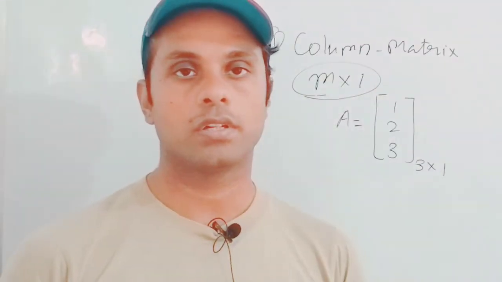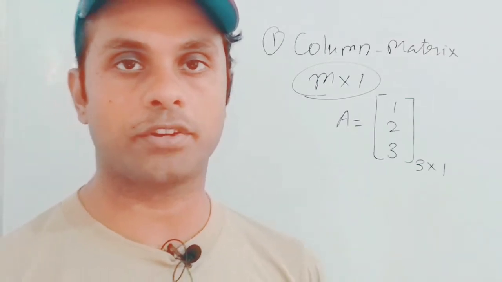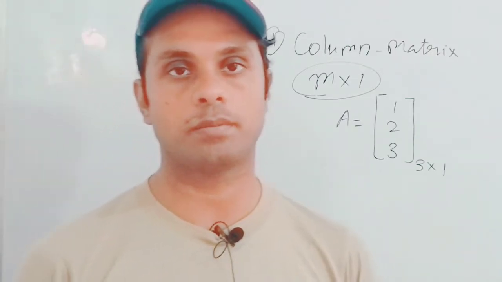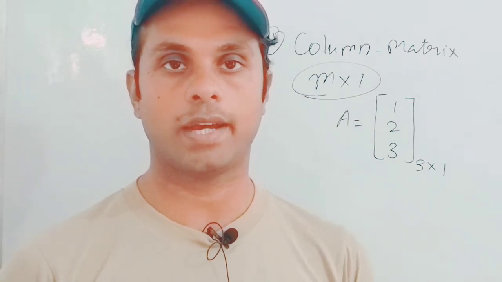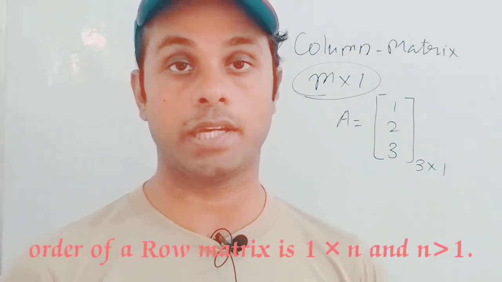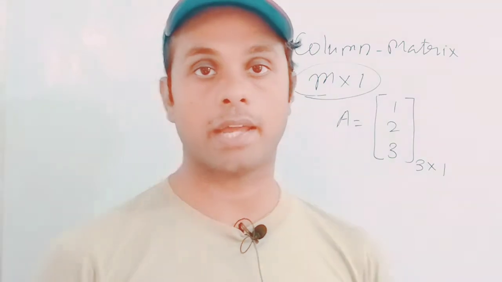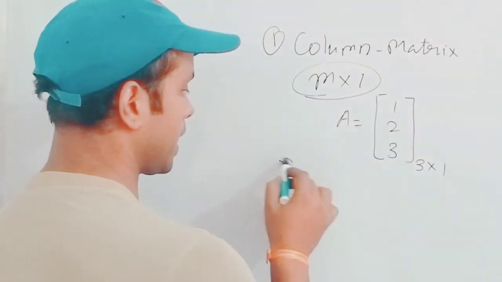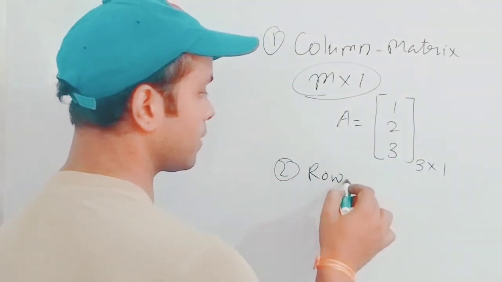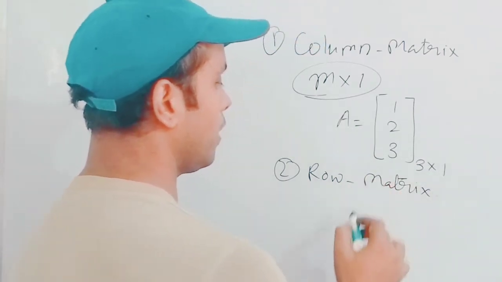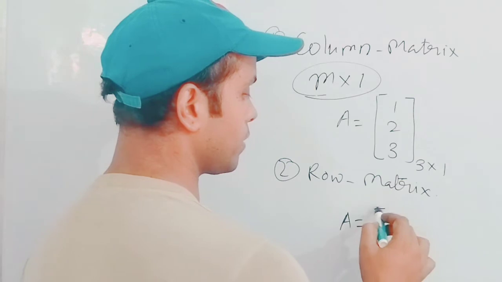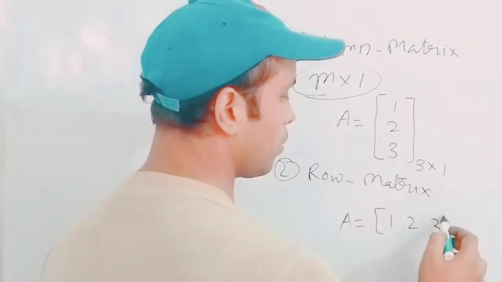Okay, now the second type is row matrix. A matrix having only one row is called a row matrix, and the order of row matrices is 1 by n. Second is row matrix, and in a row matrix there is only one row.